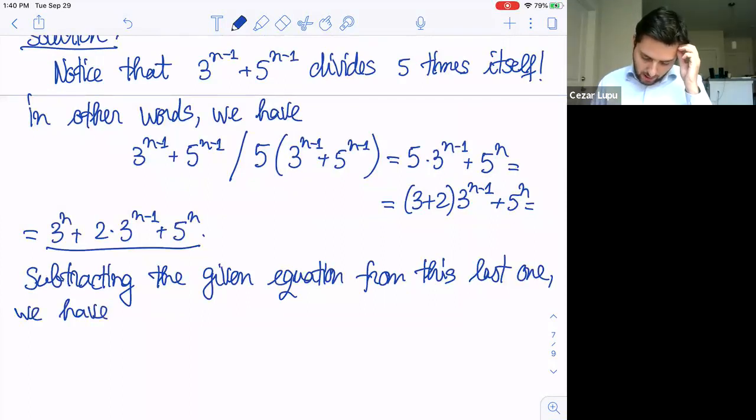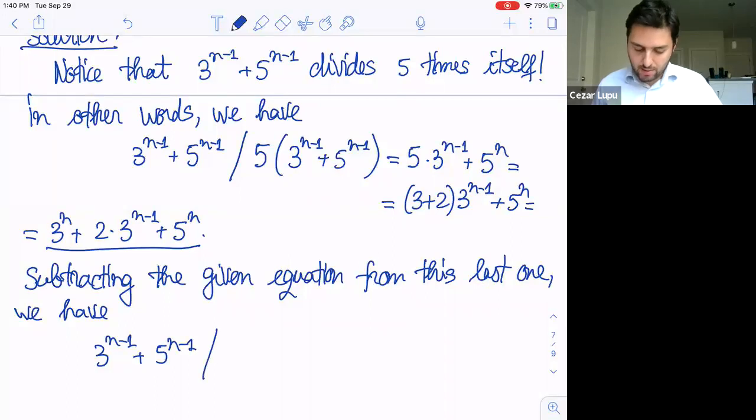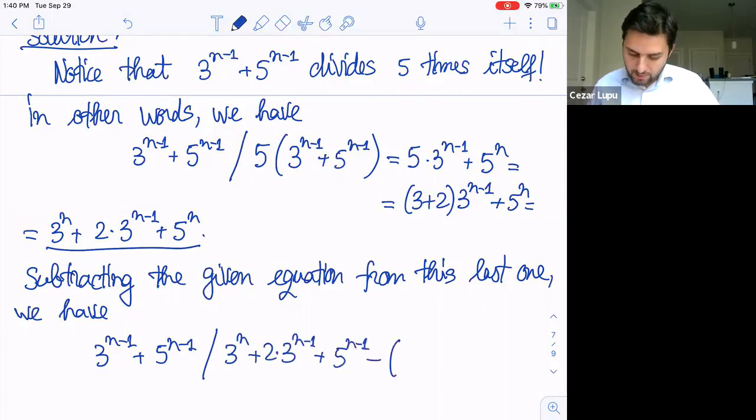If we subtract, 3 to the n minus 1 plus 5 to the n minus 1 will divide 3 to the n plus 2 times 3 to the n minus 1 plus 5 to the n minus 1 minus 3 to the n plus 5 to the n, right?